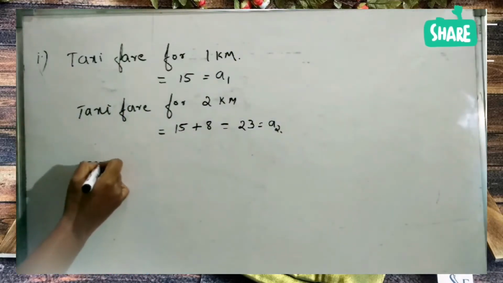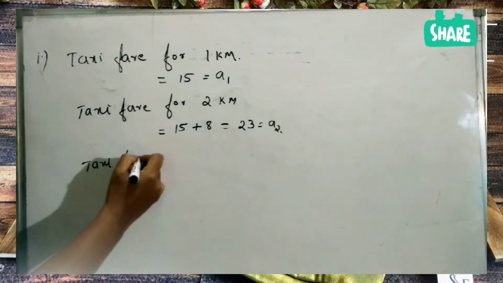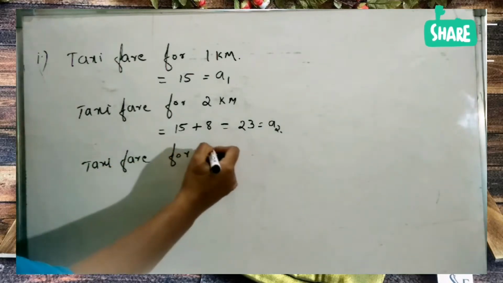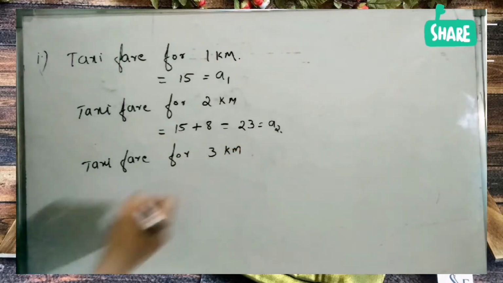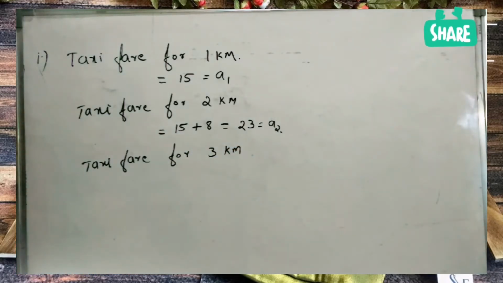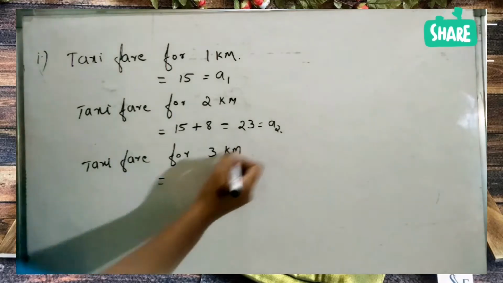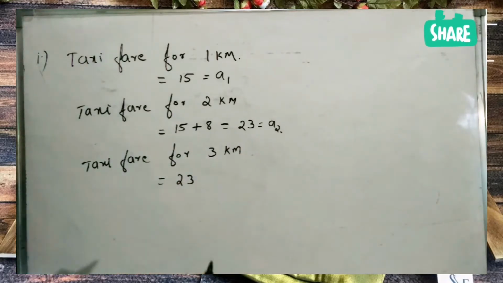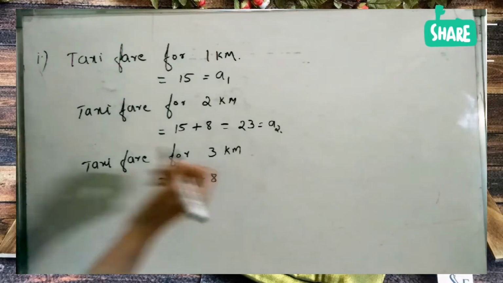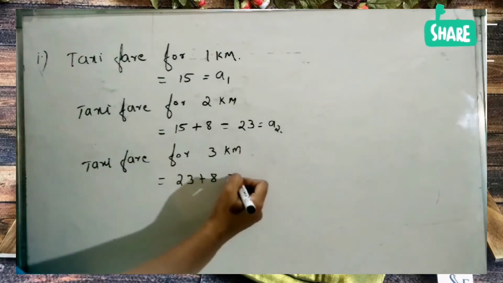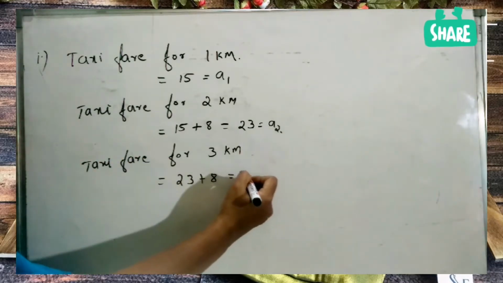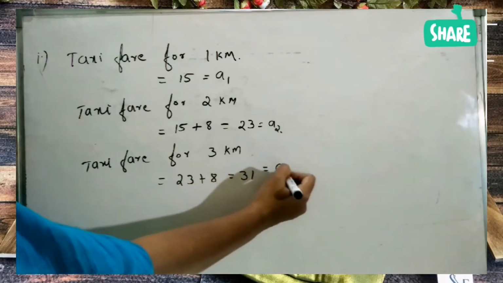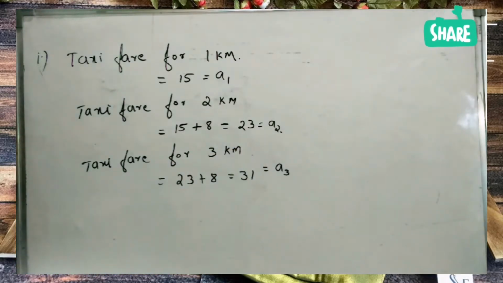Now taxi fare for 3 kilometers is equal to 23 plus additional 8. 23 plus 8 is equal to 31, equal to A3.